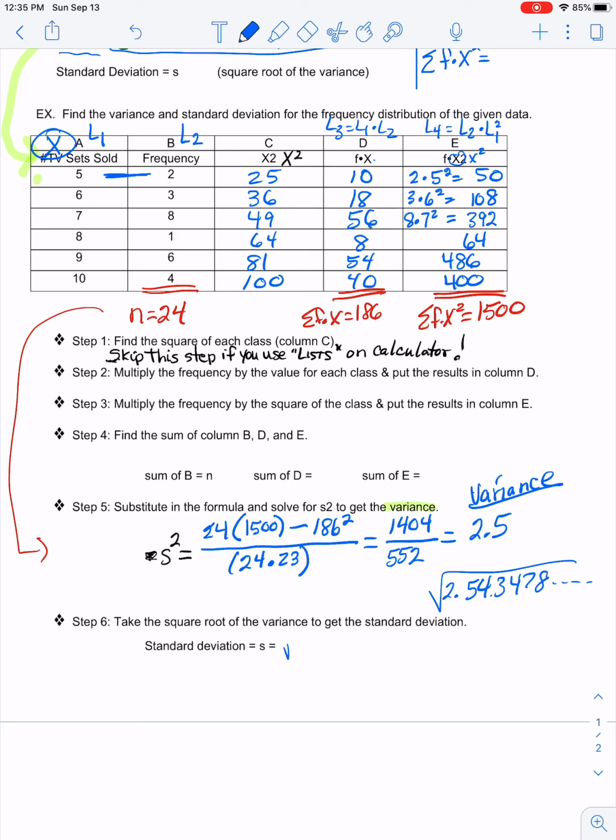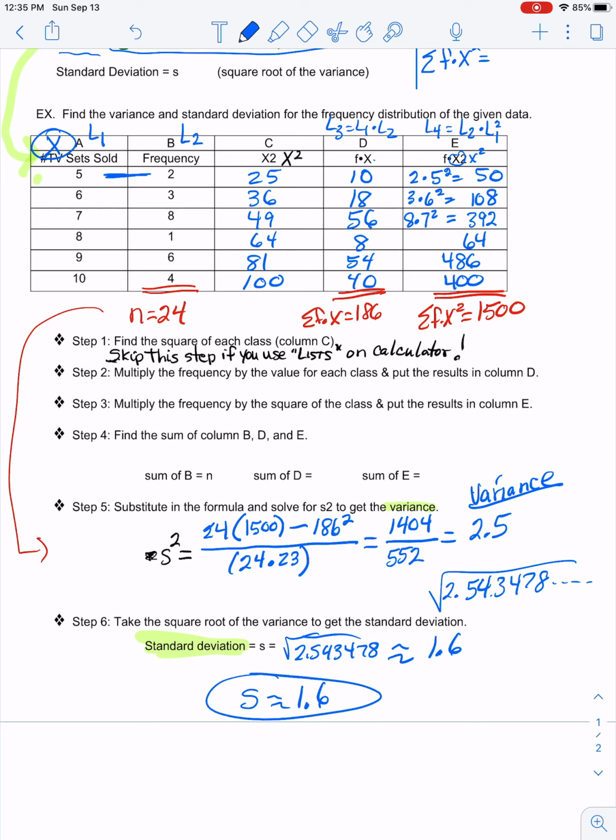The square root of 2.543478 should come out to be about 1.6. And again, that standard deviation is the final answer we're after on all these. So S is about 1.6, and we should be good to go.